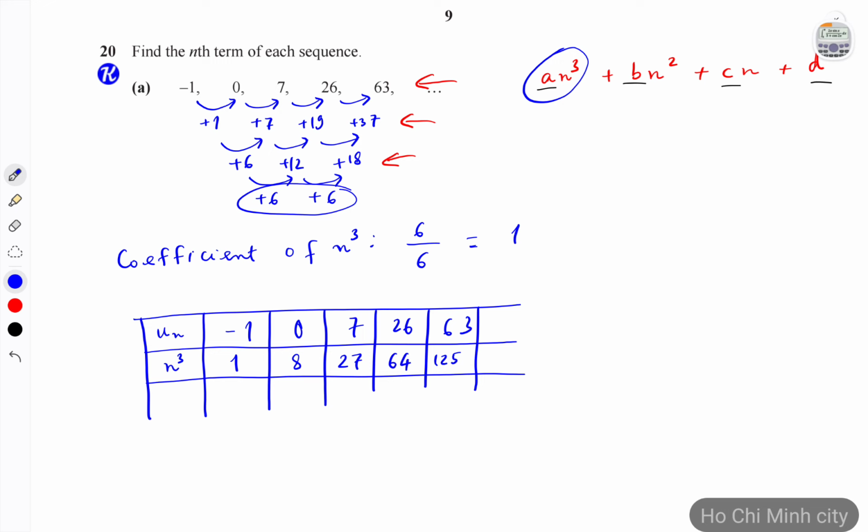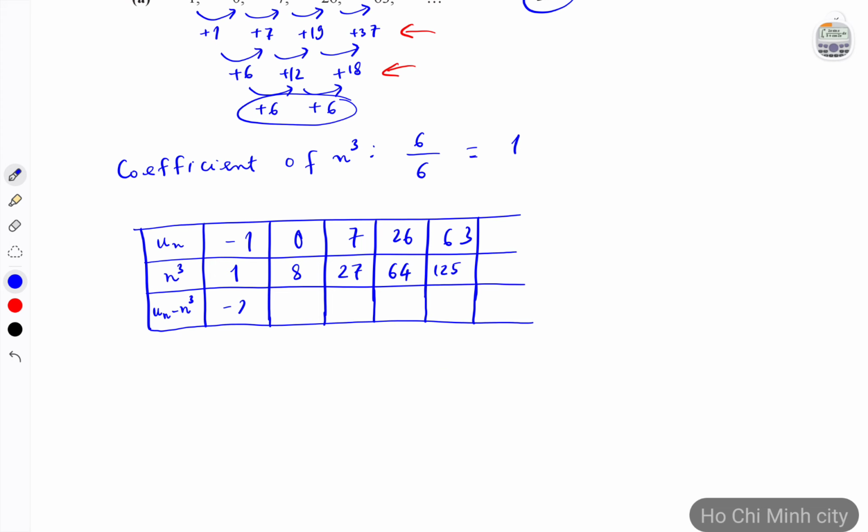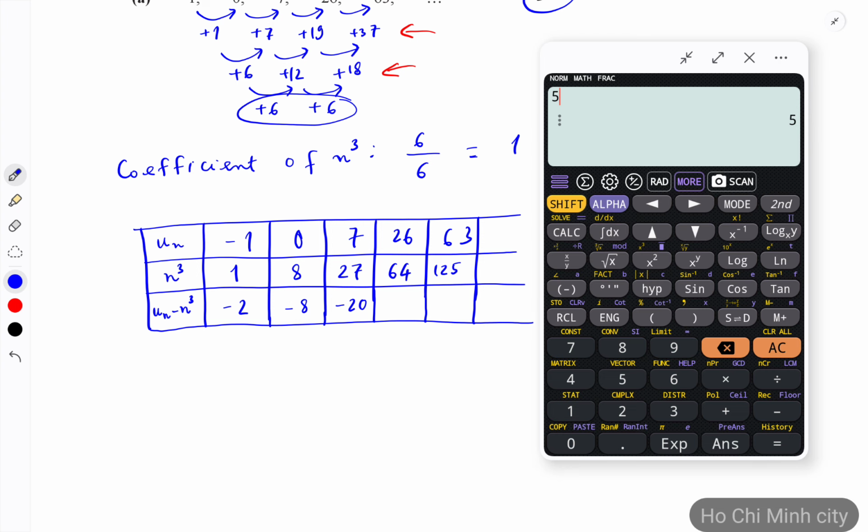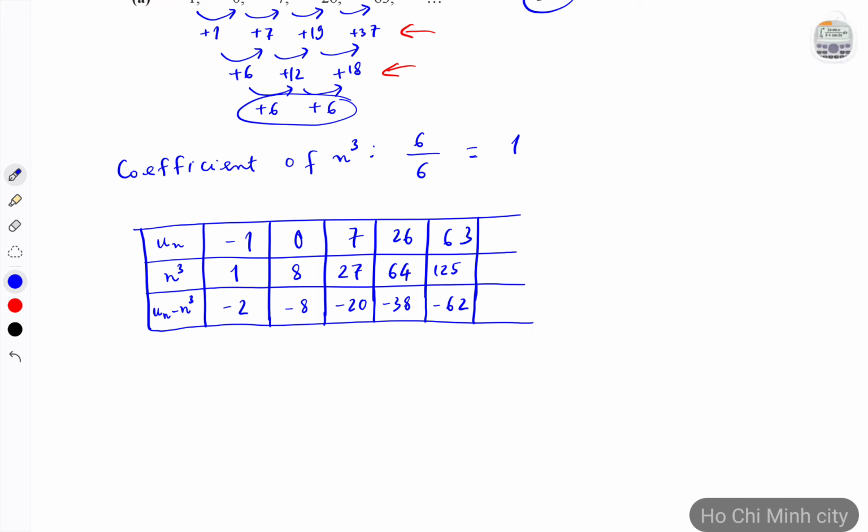Now we take un and minus n cubed, the first row minus the second row. -1 minus 1 is -2. 0 minus 8 is -8. 12 minus 27 is -20 for the third term. 26 minus 64 is -38. 63 minus 125 is -62.